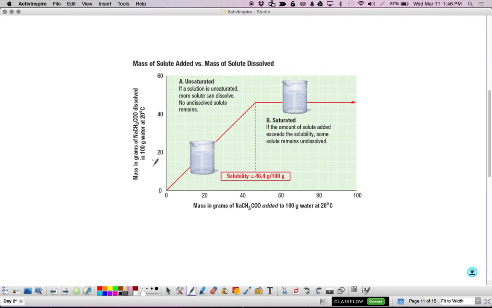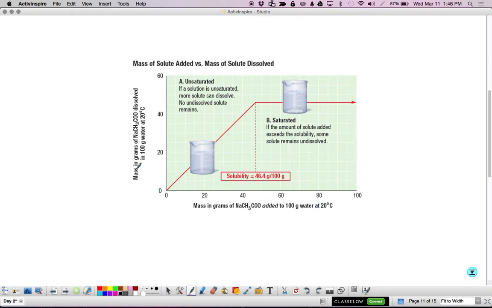Now, if I were to take just water and start adding salt or sugar or something to it, in this case we're adding sodium acetate, and we're dissolving sodium acetate in water. As you start to add sodium acetate, this shows the mass in grams of sodium acetate dissolved in 100 grams of water at 20 degrees Celsius.